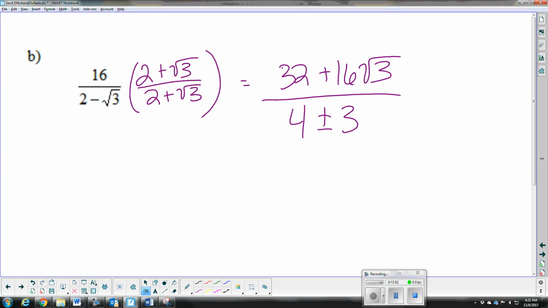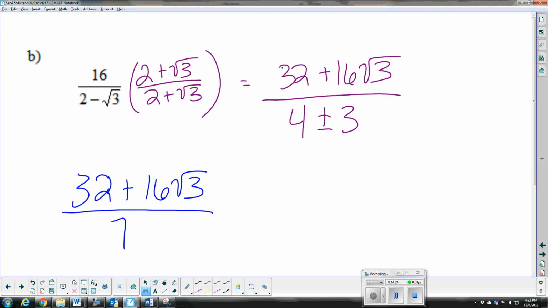Okay, now again, we're going to have 2 answers because we are adding or subtracting the square root. So 32 plus 16 times square root of 3, we cannot simplify that. So our one answer would be 32 plus 16 times the square root of 3 divided by 4 plus 3, which is 7.